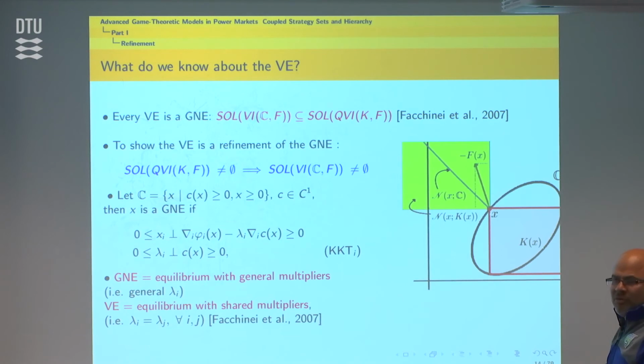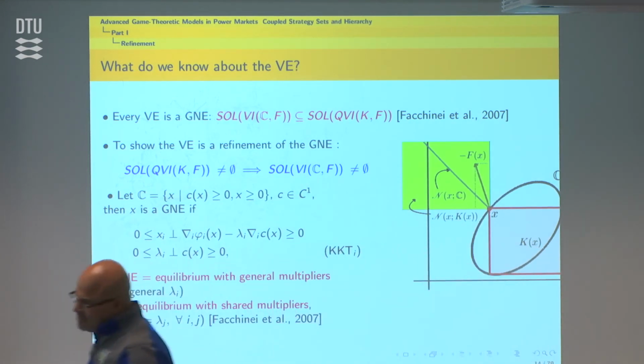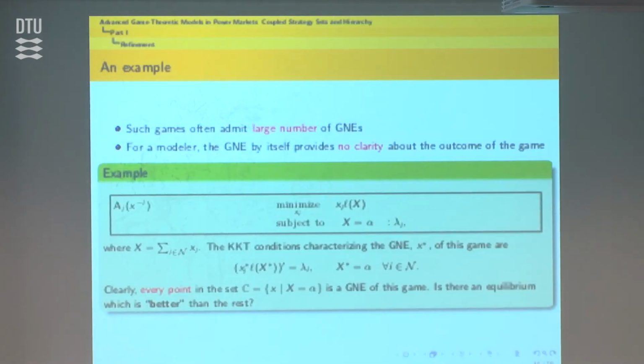Okay, these are both normal cones. You just need to make sure that x lies in the set. So each of them characterizes the optimality conditions, or the equilibrium conditions, of the associated variational inequality or quasi-variational inequality.